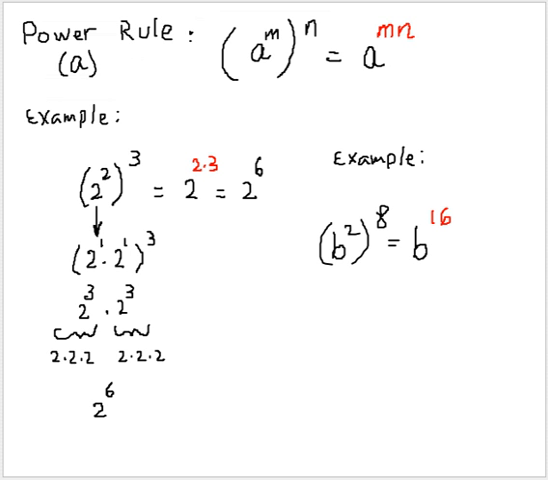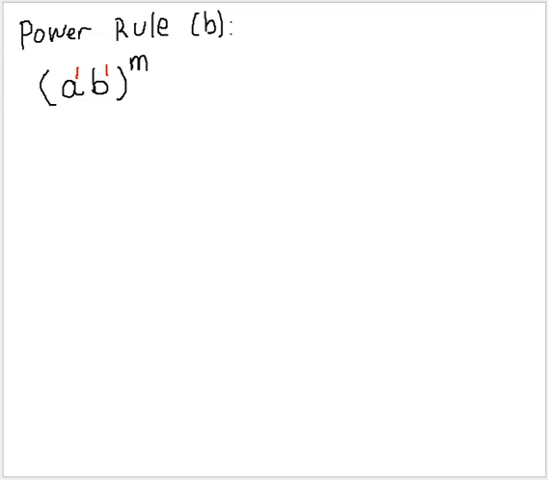Based on what we learned on power rule A, we were supposed to multiply the exponents.